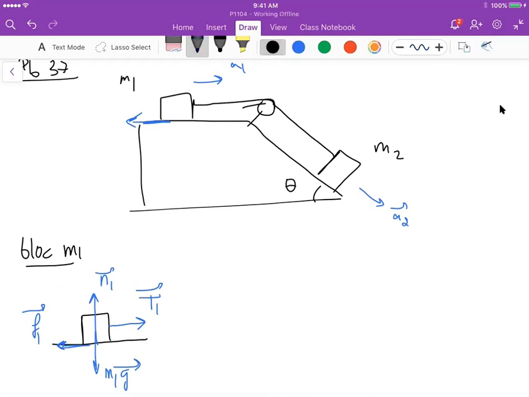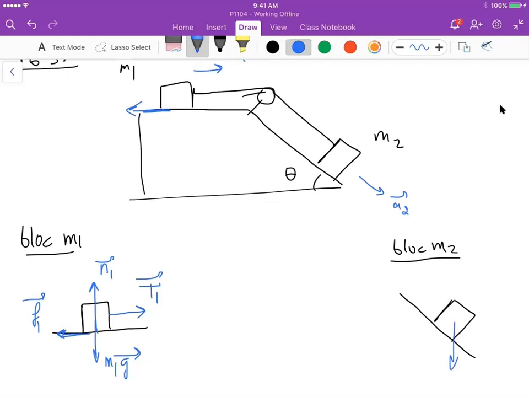Now let's move on and see what happens on the block M2. The block M2 is on an inclined plane, so I'll just draw it like that. And then let's draw the forces together. We will have the weight as a first force acting. We have also the normal exerted by the surface on the block M2.